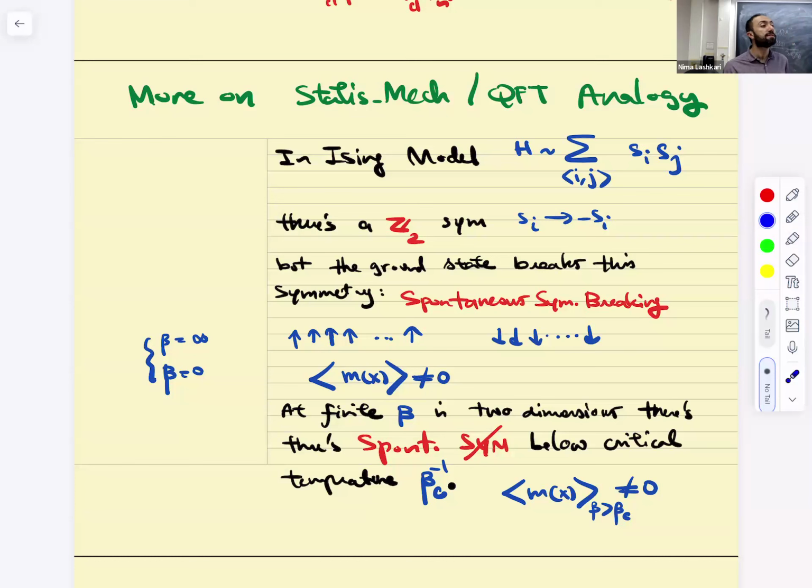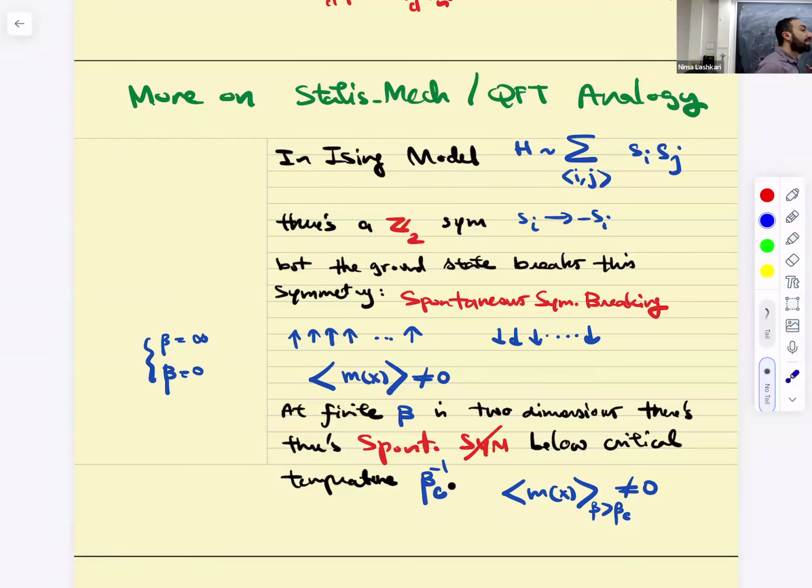The Hamiltonian is invariant under this. But the ground state breaks the symmetry, at least in the 1D Ising model, right? It's either all up or all down, so it's twofold degenerate. Because the symmetry is present at the level of the theory, but the vacuum breaks it, that's called spontaneous symmetry breaking. It's the degeneracy of the vacuum.